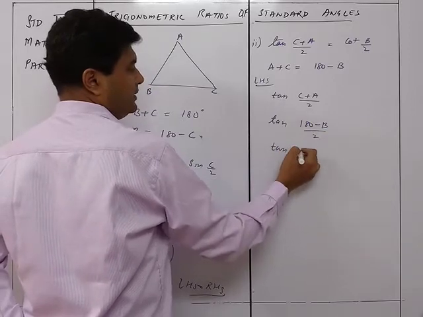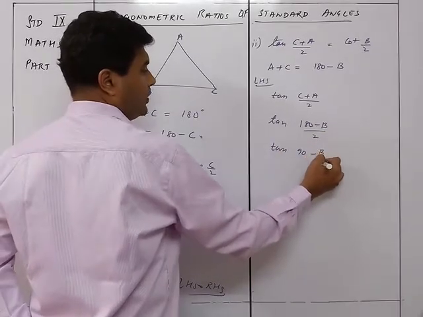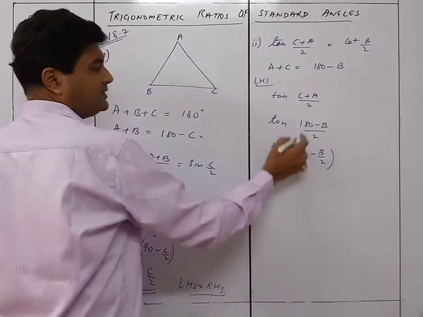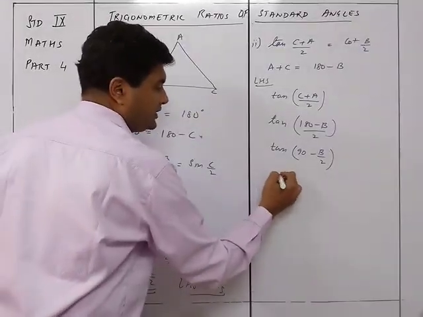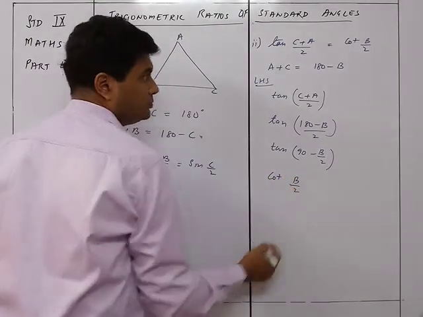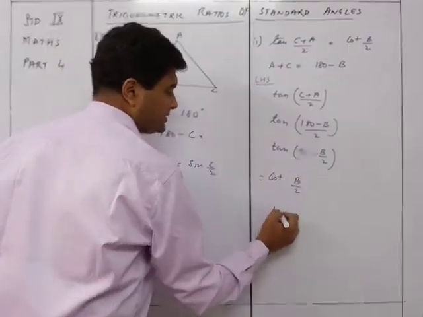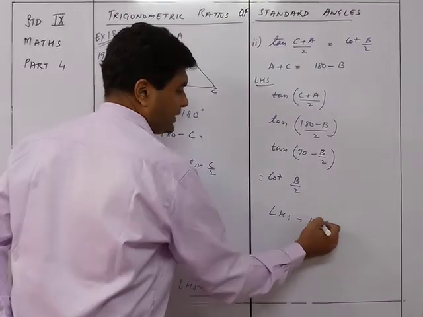So that's tan 90 minus B upon 2. Now tan 90 minus theta is nothing but cot theta. So it is cot B upon 2. LHS is equal to RHS.